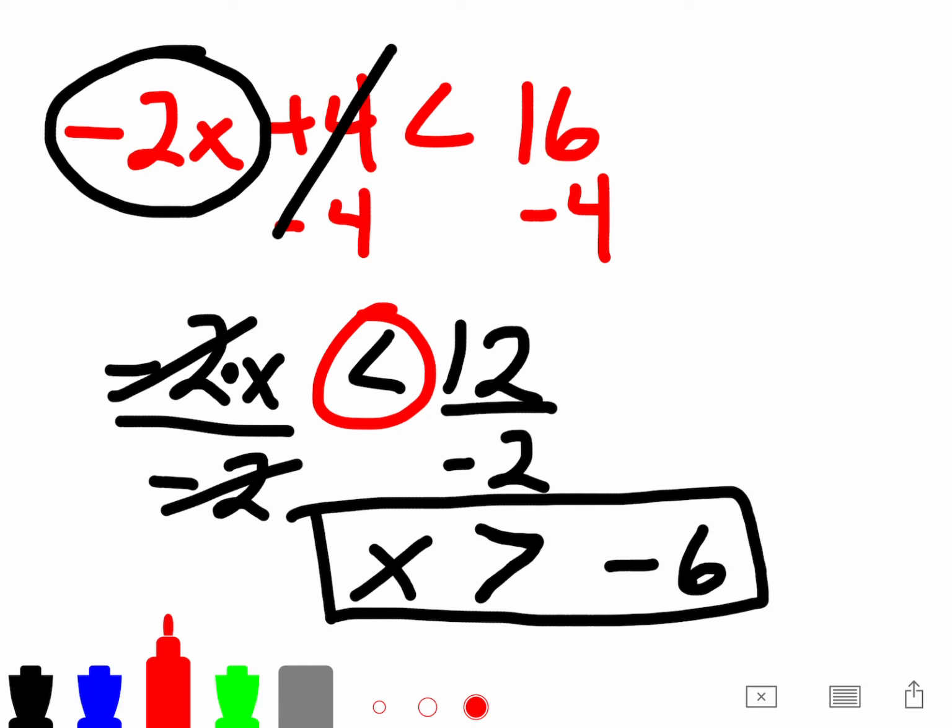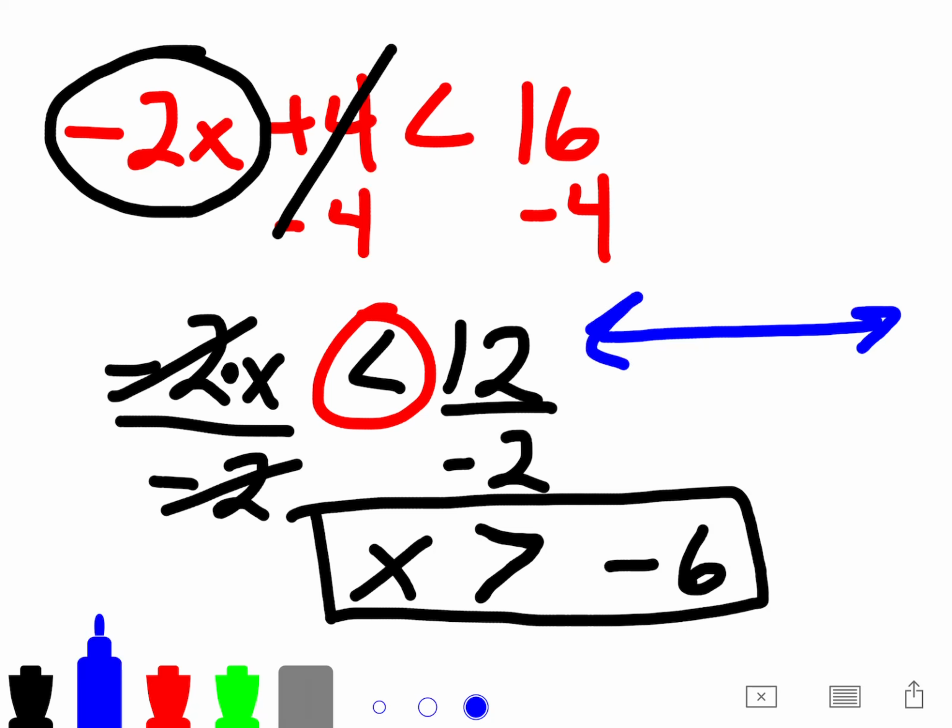Now, for the other funky part, how do we graph that? Let me put a graph up here in the corner where it makes zero sense at all. I apologize for that. So if I start at negative 6, can we put a negative 6 in for x? Is negative 6 greater than negative 6? No, so we're going to have an open circle here because negative 6 is not included as part of our answers.